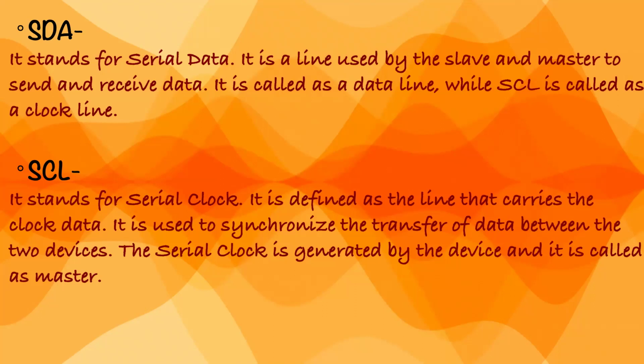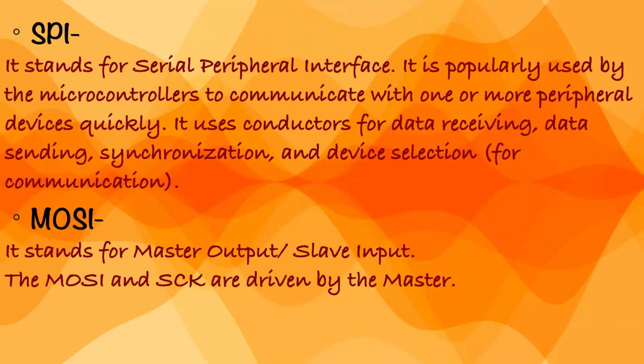It stands for serial clock. It is defined as the line that carries the clock data. It is used to synchronize the transfer of data between the two devices. The serial clock is generated by the device called the master. I think we are clear with it.